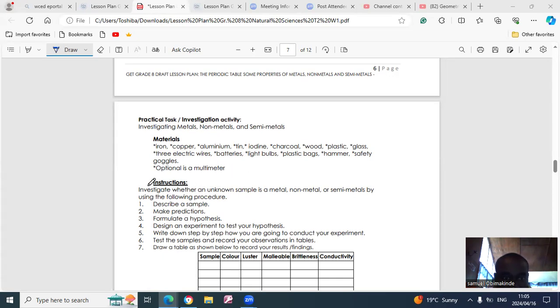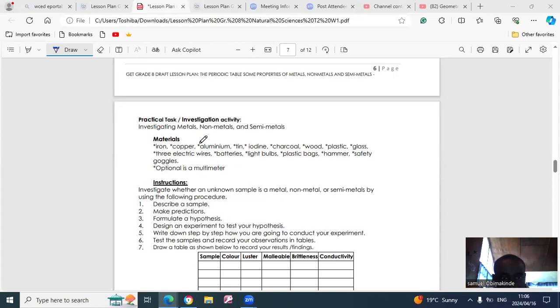Okay, instruction: investigate whether an unknown sample is a metal, non-metal, or semi-metal by using the following procedure. Describe a sample, make a prediction, formulate a hypothesis, design an experiment to test your hypothesis. Then finally, you draw a table as shown below to record your results.